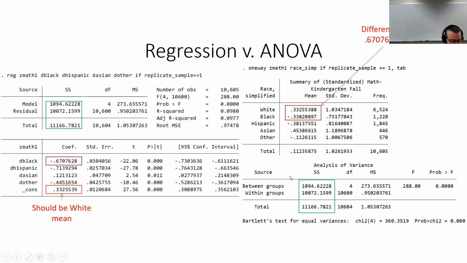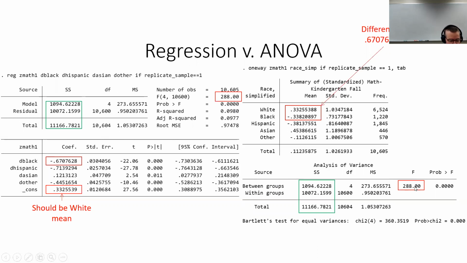And if you keep going and compare the F statistics, how well did you do in explaining the differences across groups in terms of these test scores? You can look at the R square here. It's about 10% of the variance. The F of that is 288.